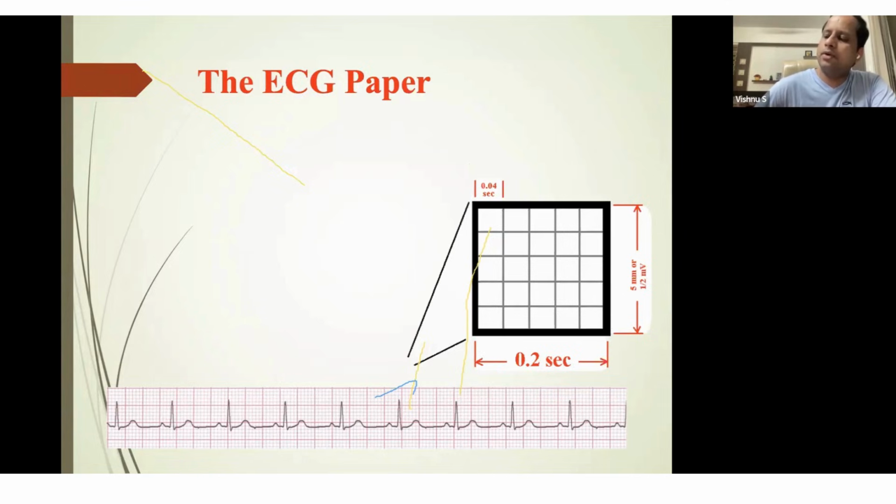From here onwards, we will be talking in 200 milliseconds because it is the smallest one. So a large square is 200 milliseconds. Inside it there are 5 small squares in a row, and likewise in a column. So one large square is 200 milliseconds.